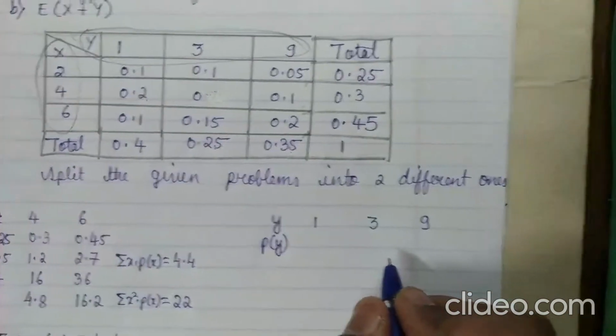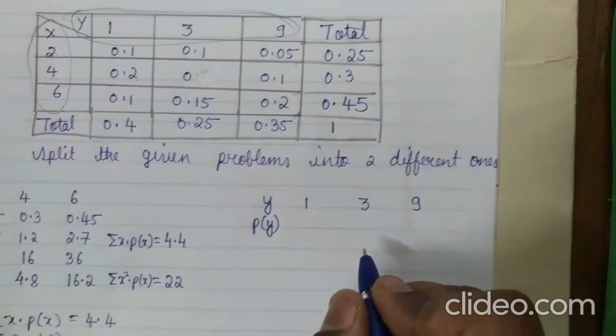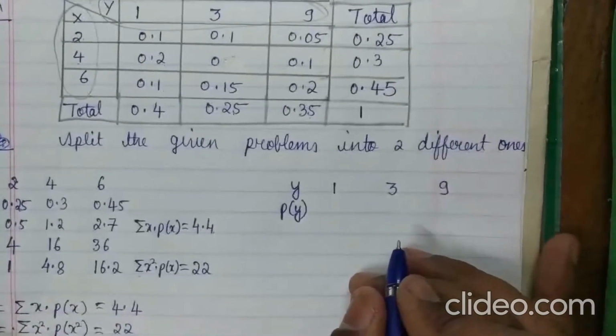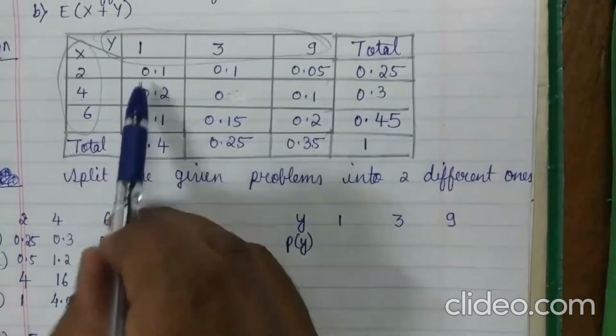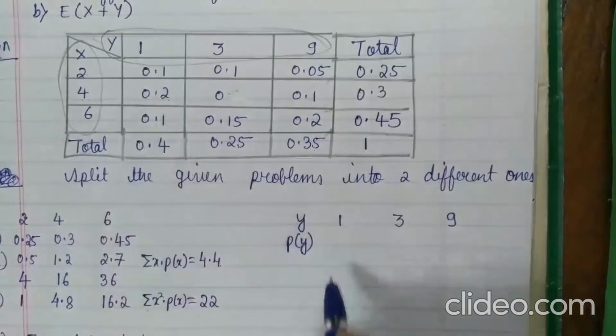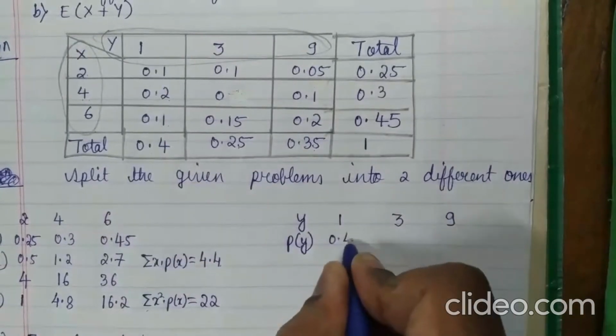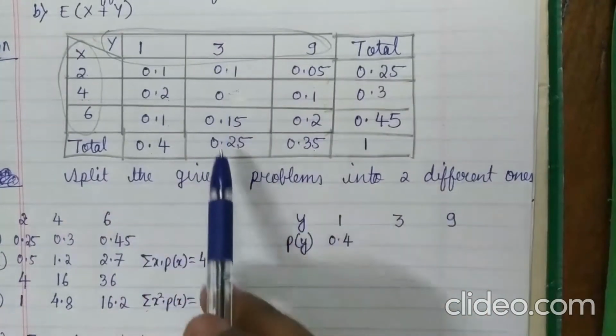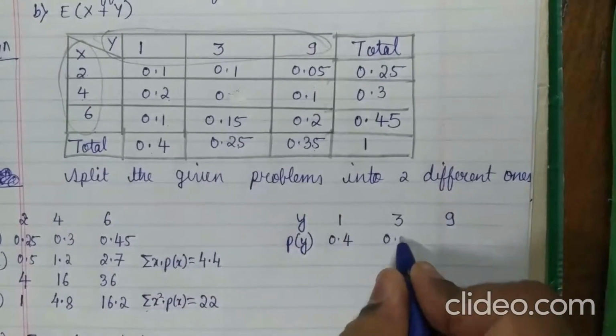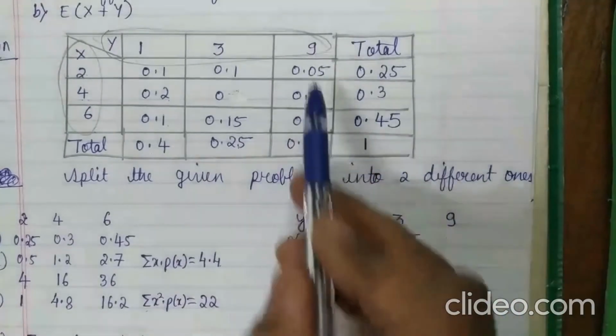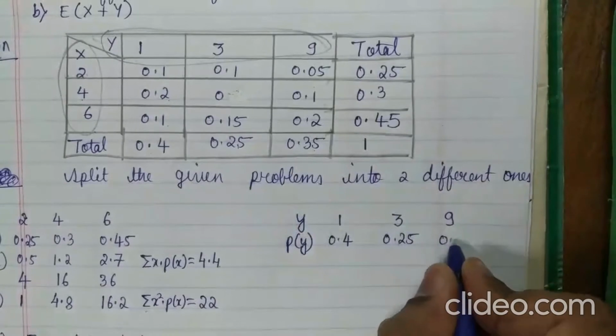Corresponding probabilities for these: corresponding to 1, the total is 0.4. Corresponding to 3, the total is 0.25. And corresponding to 9, the total is 0.35.